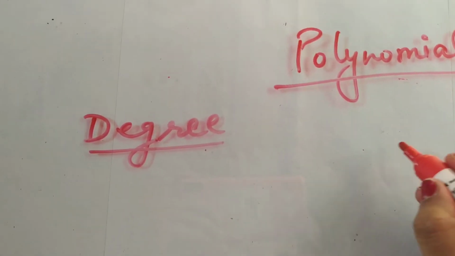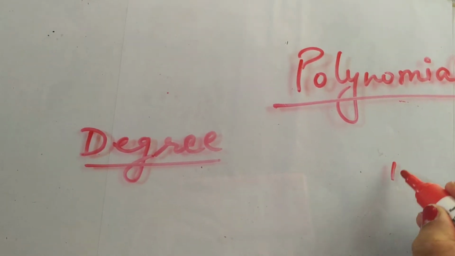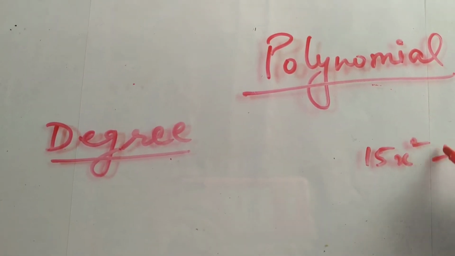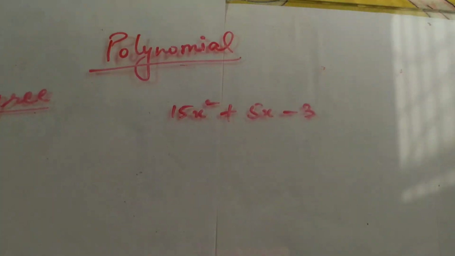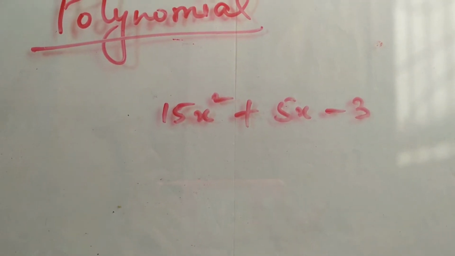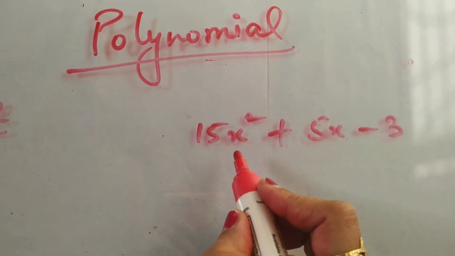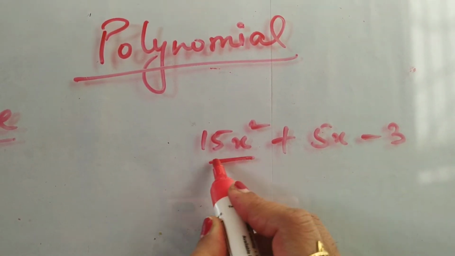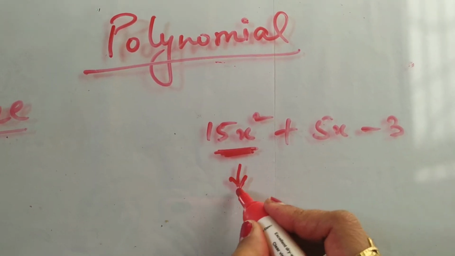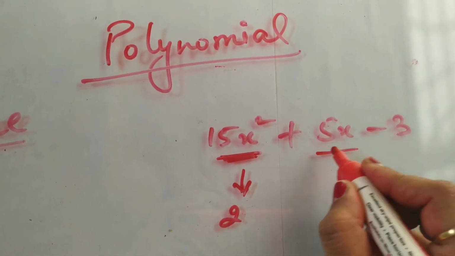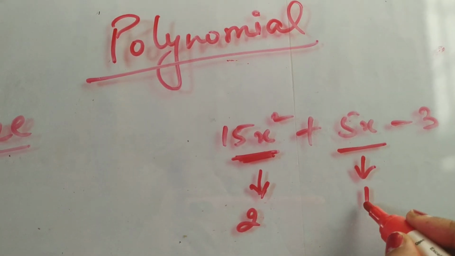Let us take some examples of polynomials. 15x squared plus 5x minus 3. Now, what is the power of x squared? The power of x squared is 2. What is the power of x? 1.